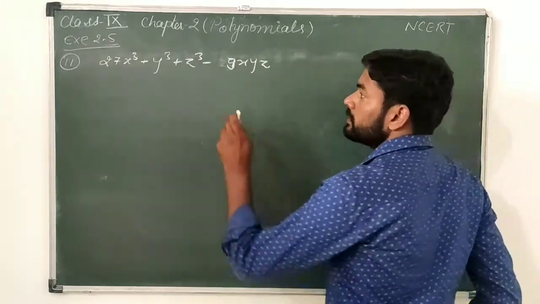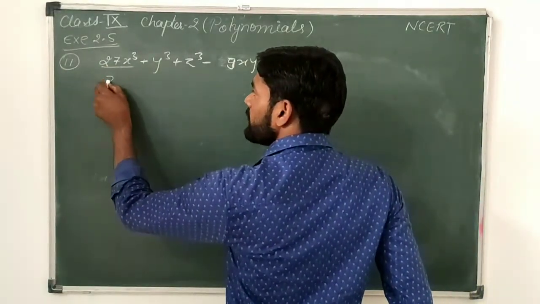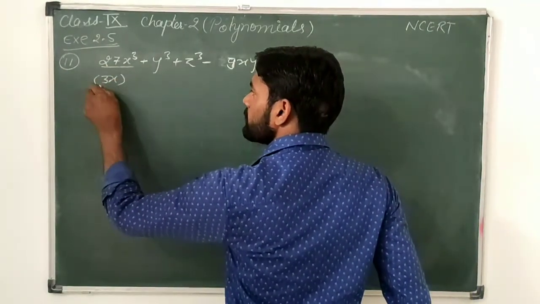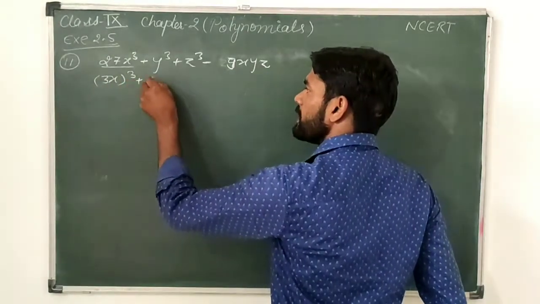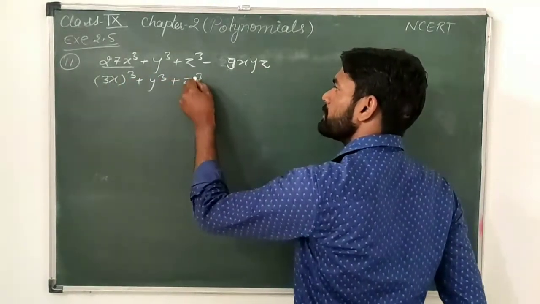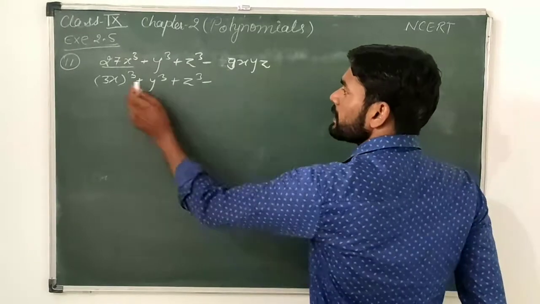Look here, for this we can write (3x) whole cube plus y cube plus z cube minus 9xyz.